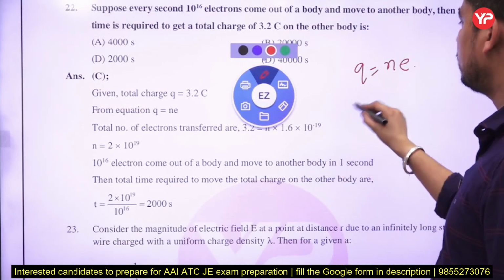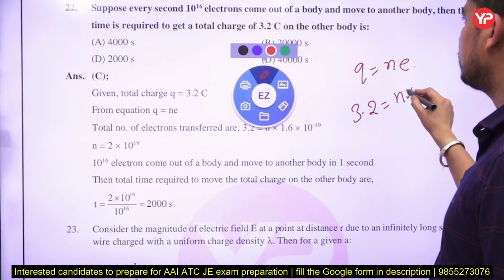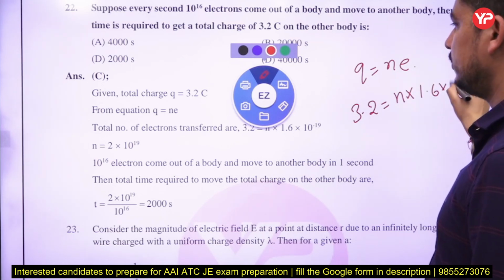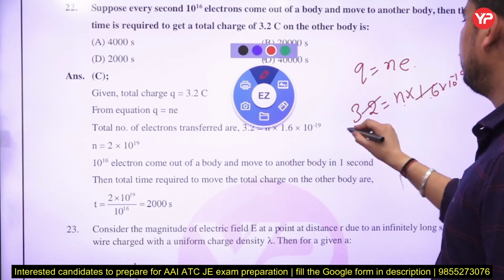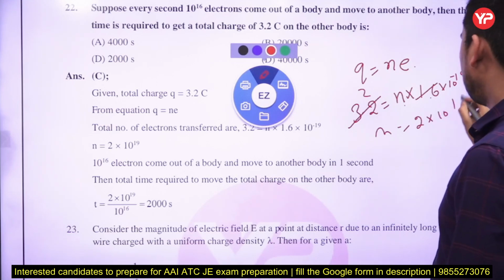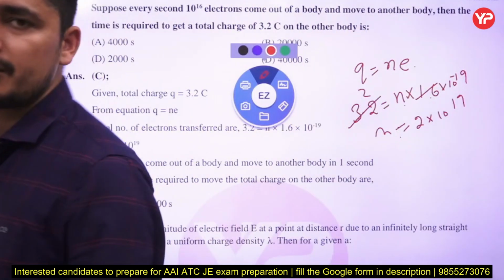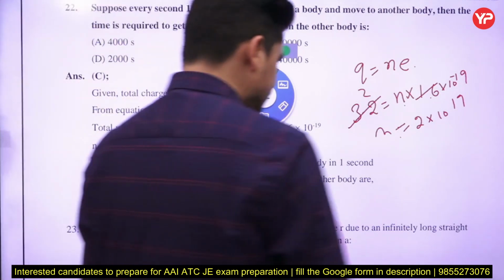The total charge is 3.2, which equals N, the number of electrons, times the charge on one electron, which is 1.6 into 10 raised to power minus 19. So when you calculate here, N is equal to 2 into 10 raised to power 19. So to get a charge of 3.2 coulombs, that amount of electrons should pass from the first body to the second body.